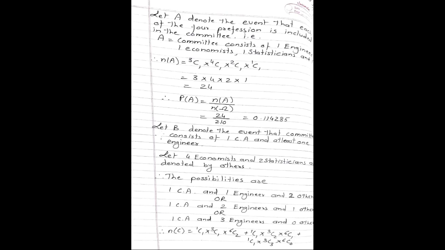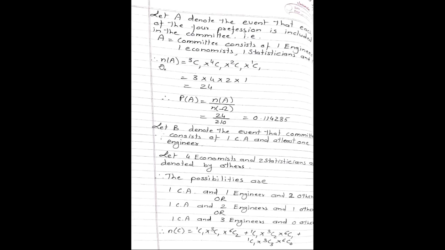Now we will define event A. Let A denote the event that each of the 4 professions is included in the committee. That is, A is equal to the committee consists of 1 engineer, 1 economist, 1 statistician and 1 chartered accountant.